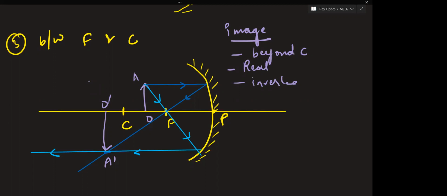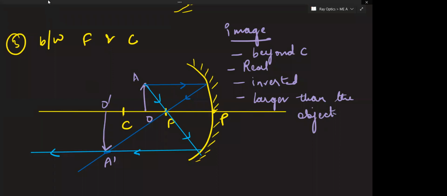And lastly, you can see this is larger than the object. O dash, A dash, this image is greater than OA.